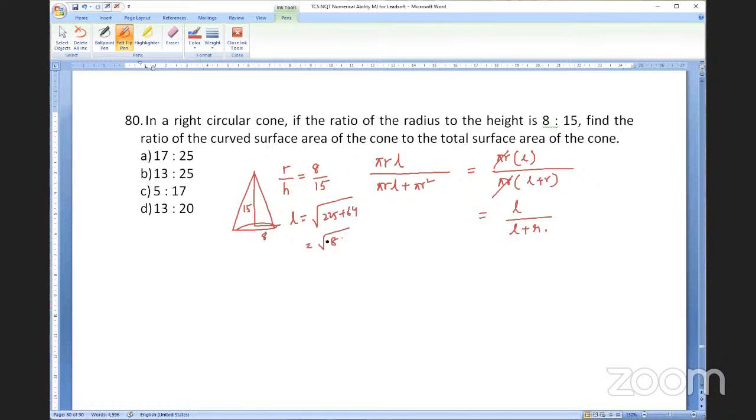That is 289. 289 is 17. So L is 17 upon 17 plus R. R is 8. 17 by 25. Since it is ratio, we can play with ratios as a number also. 17 is to 25. Option A is the pick.